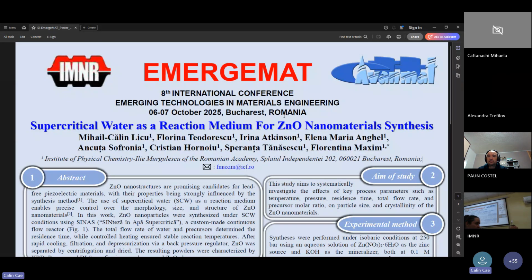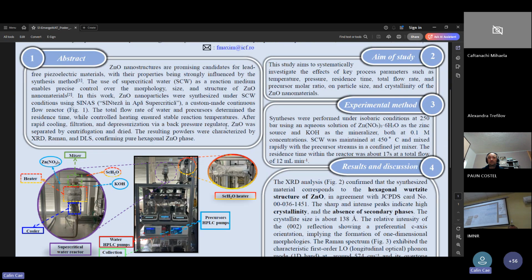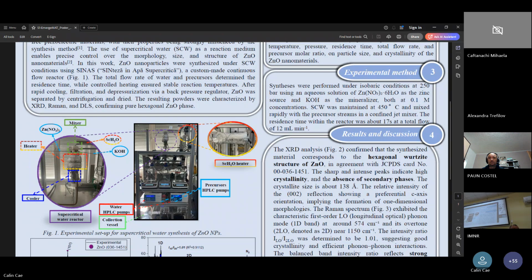My name is Mihail Călin Licu. I am a research assistant at the Institute of Physical Chemistry Ilie Murgulescu, and I'll briefly present our work on zinc oxide nanomaterials synthesized by using supercritical water as a reaction medium. The experiments were carried out in our custom-built continuous flow reactor, which is shown in detail in the poster.